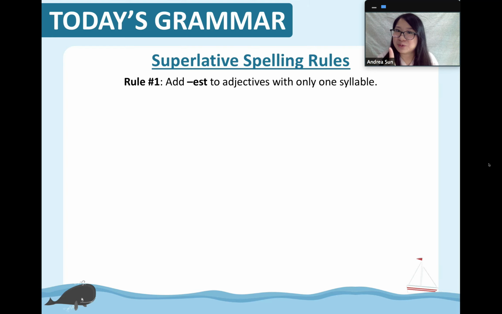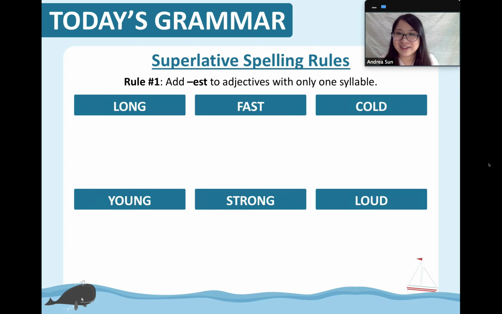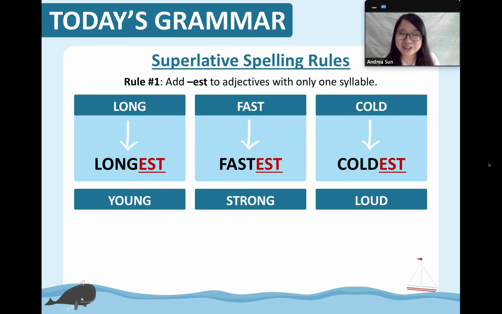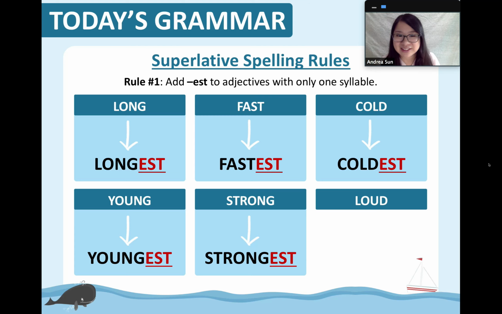So if there is 1 syllable, add EST. Long, fast, cold, young, strong, loud. Let's change these to superlative adjectives. Long, longest, fast, fastest, cold, coldest, young, youngest, strong, strongest, loud, loudest.